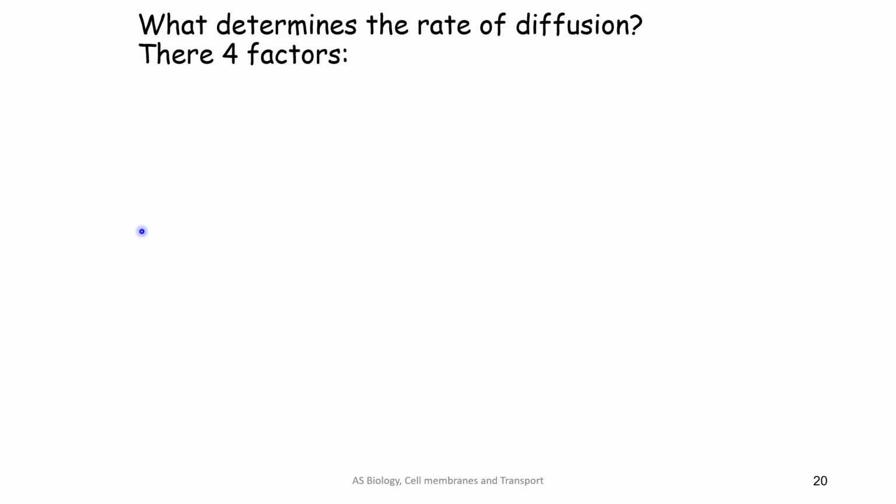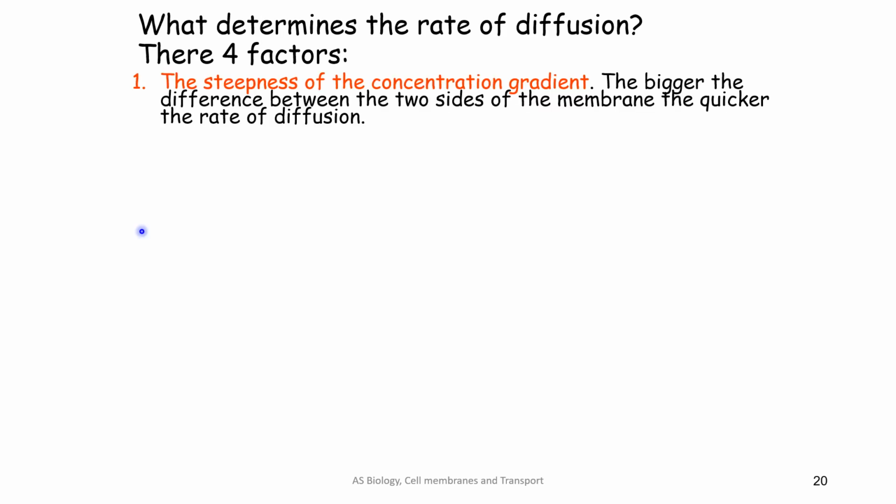So there are 4 factors that determine the rate of diffusion. The first one is the steepness of the concentration gradient. So if you have more molecules outside of the cell than inside of the cell, those molecules are going to rush into that cell much quicker than if there were fewer molecules.